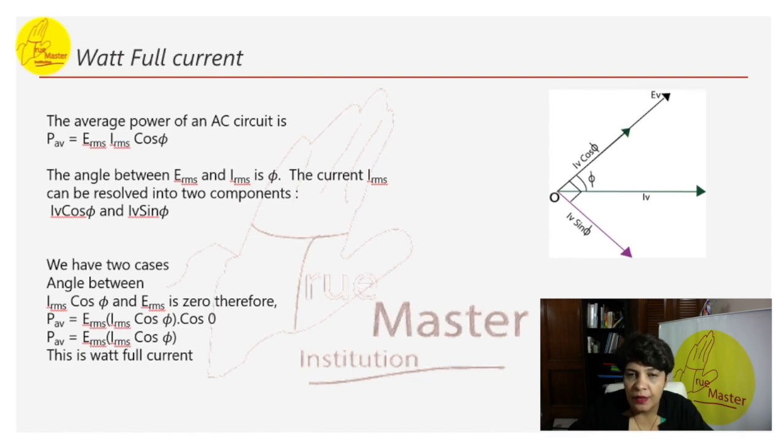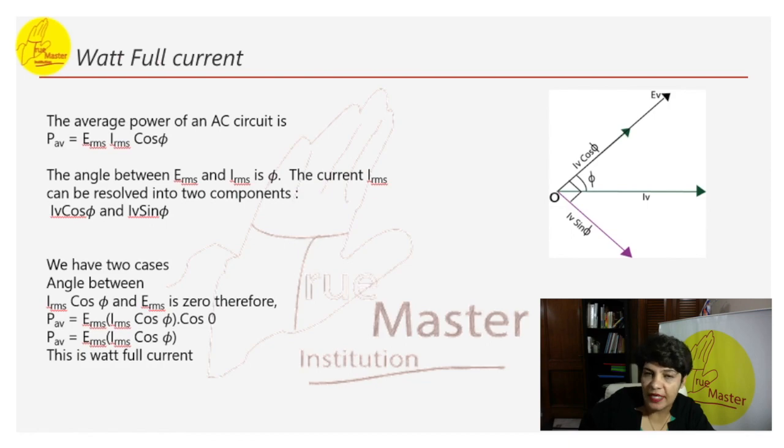The angle between I cos phi and ERMS is 0. If the angle between these two is 0, then it becomes ERMS IRMS cos phi, and this will become the wattful current. The value is cos 0.